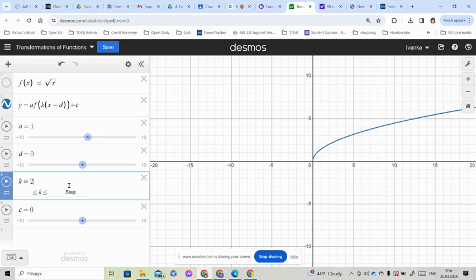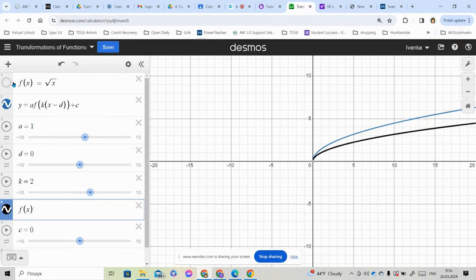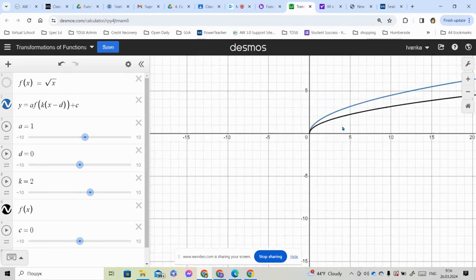Let me show you this. Okay, perfect. So let's follow these points just so we could really see what's happening. In the original parent parabola, I've got a y value of 2 when x is 4. Now that point of y of 2 has moved up here when I increased k to 2.